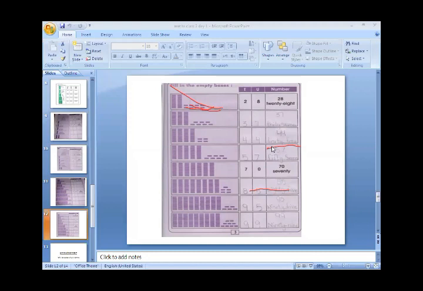You will also write 44 in spelling. What is the spelling of 44? FORTY 40 dash FOUR 4. 44.